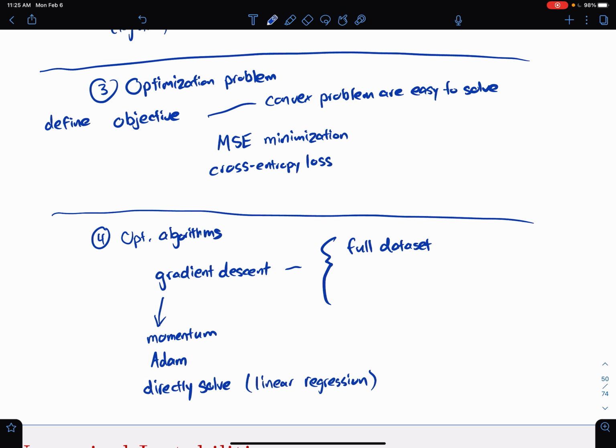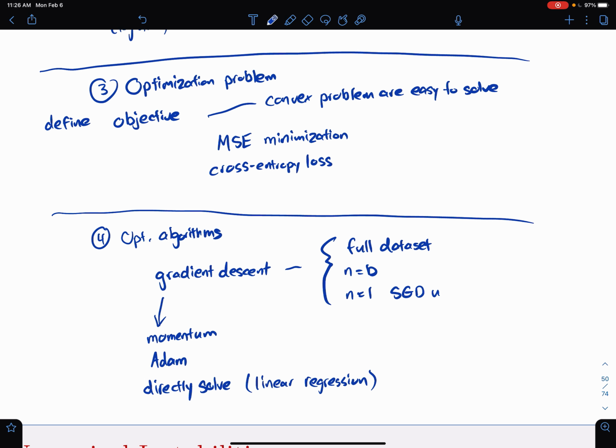You can do n equals 1, which is usually called stochastic gradient descent. And then you can also have a mini batch size, maybe n equals b, which is somewhere in between full and stochastic gradient descent. You should try to understand the trade-offs between these different choices.